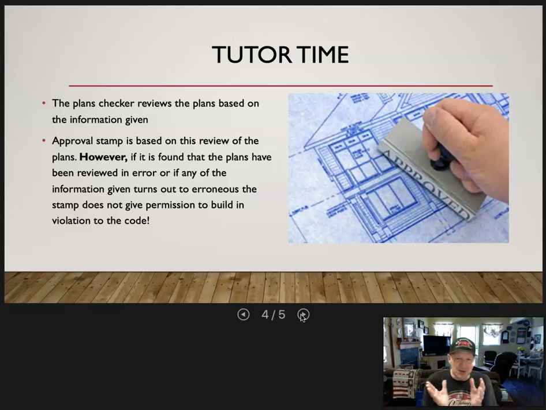So it covers the fact that the plans checker might make an error, but also the architect, the engineer, the contractor might make an error. And if they do, that doesn't mean you just get to have it that way anyways. You have to do what's in the code. So the stamp doesn't give you the right to violate the code.